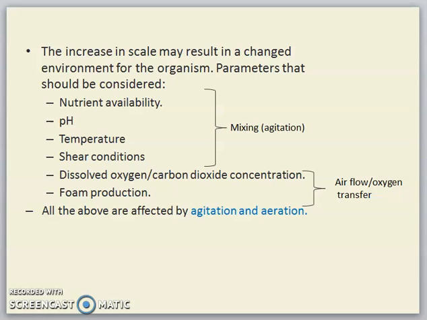All of the above are affected by agitation and aeration, because the nutrient, the pH, the temperature, and the shear conditions are based on the mixing and agitation, the dissolved oxygen and carbon dioxide concentrations in the fermentation, and also the foaming produced is because of the flow of the air or oxygen in the fermentation.